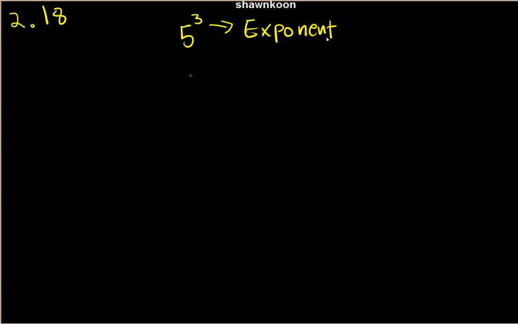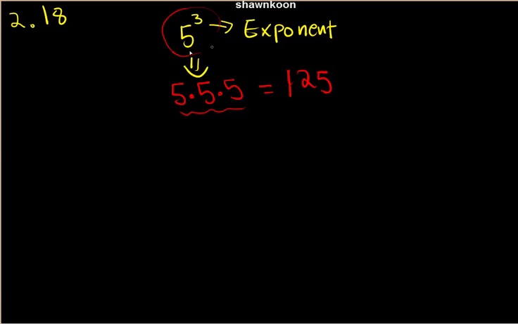Like I went over in the first video, this is the same thing as three fives multiplied together. That's what it means. If we solve this, we get 125. So 5 to the third power is the same as 5 times 5 times 5, or 125.